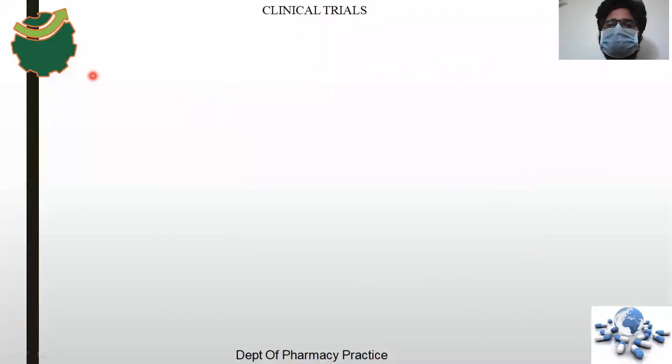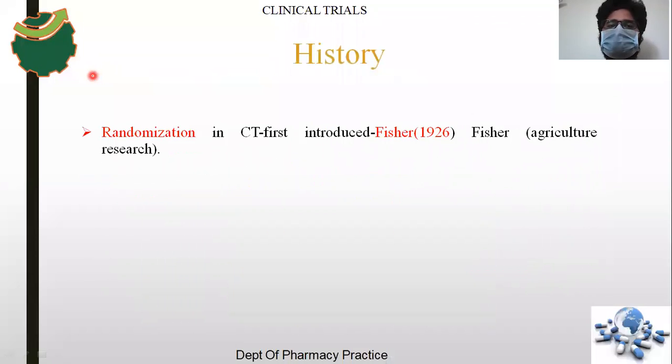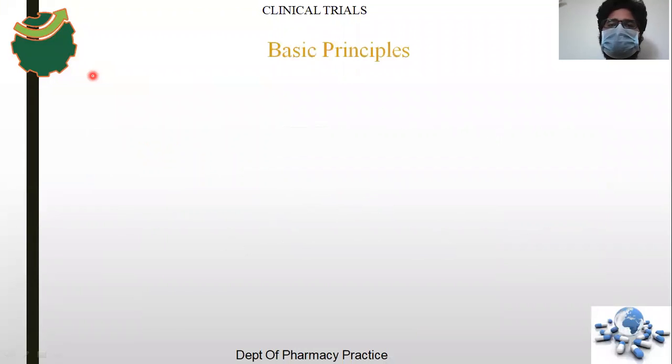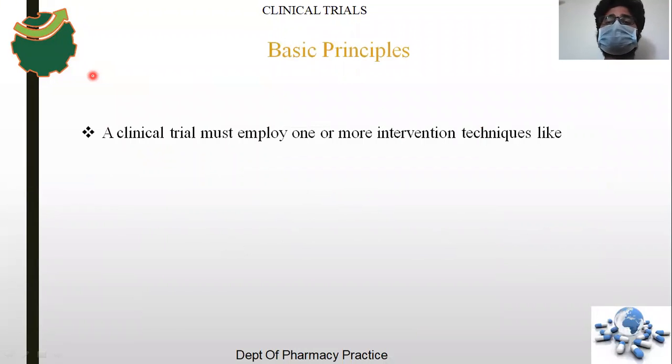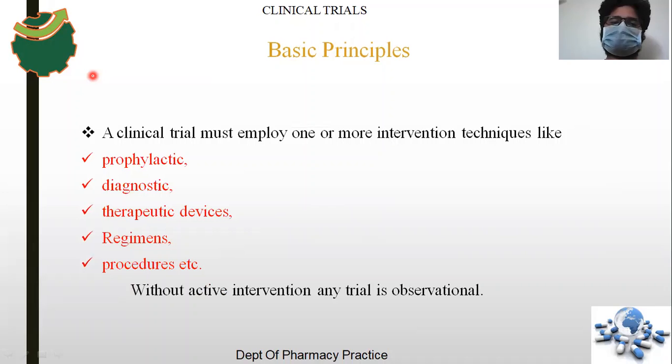We have seen all these things in yesterday's class. We have seen the history of it, and when we started having standards, when we started preparing standard documents or following guidelines for clinical trials, and the basic principles of it. Prophylactic, diagnostic, therapeutic devices, regimens, and procedures.